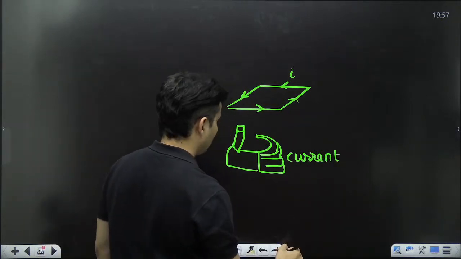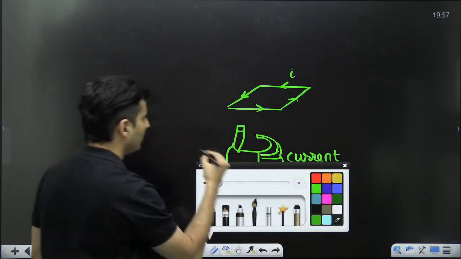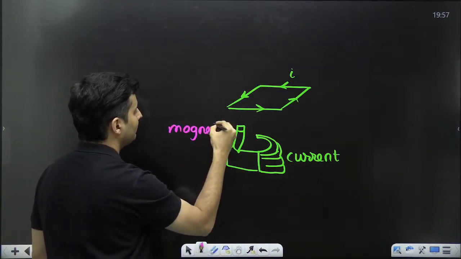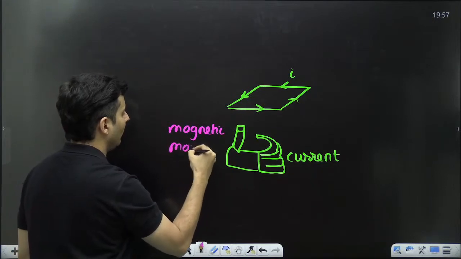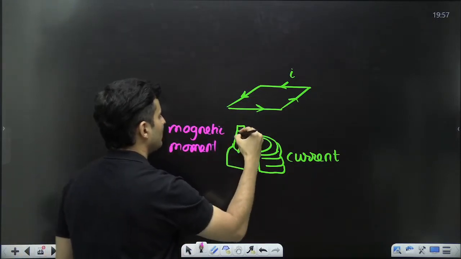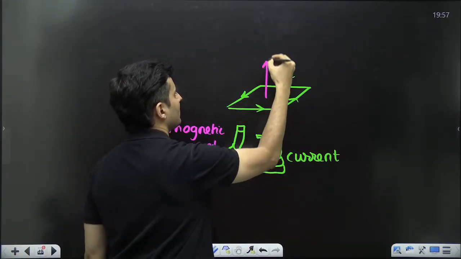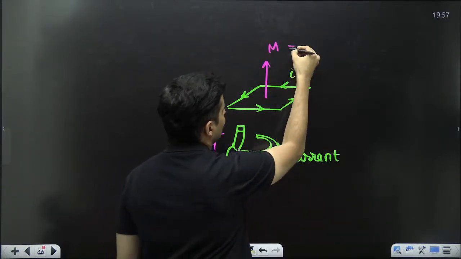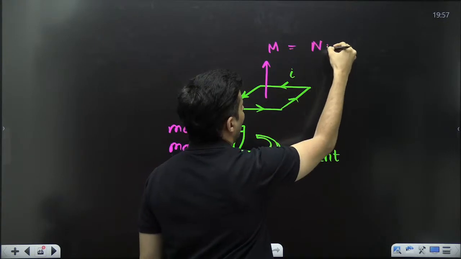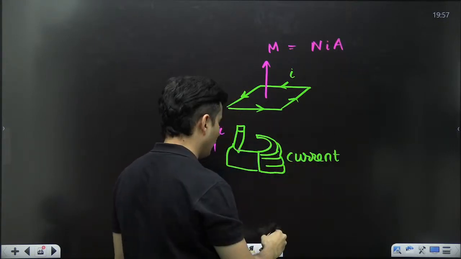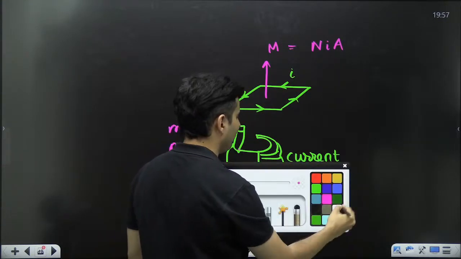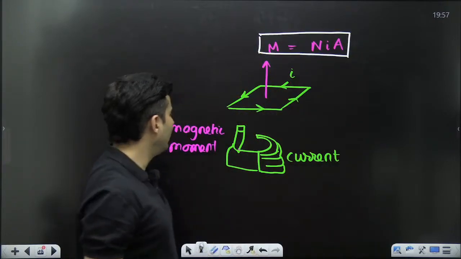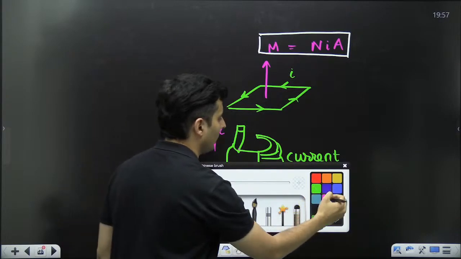This is the magnetic moment of that coil. So it's basically like this. This is M, this is M. If the area is A, it will be NIA. That's how I define the magnetic moment. Very, very important. It's a vector quantity, like you can see right over here.